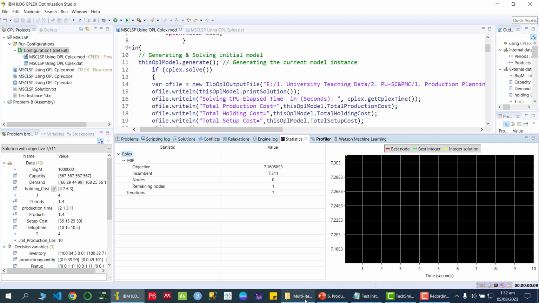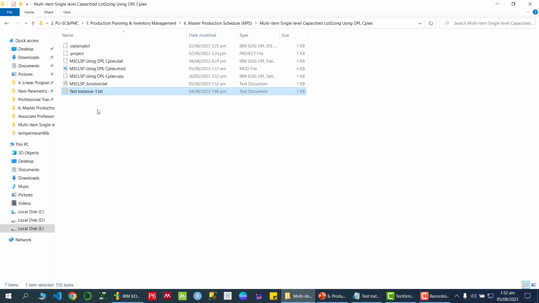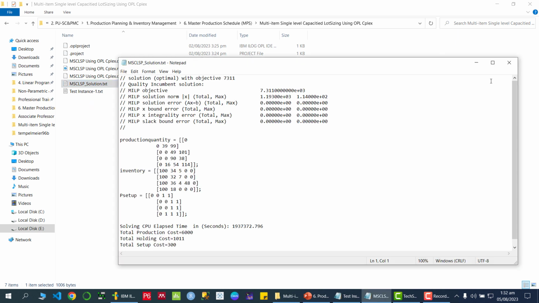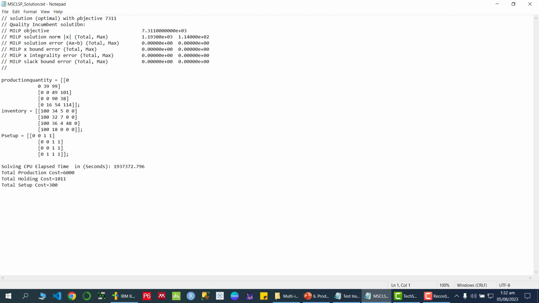Now if I go to the folder where we developed this OPL project, you can see that we have the output file, which is the solution file. Over here you can see the objective function answer, and this is the decision variable answer, the production quantity. For the first product, we are not producing anything in time period 1 and time period 2.